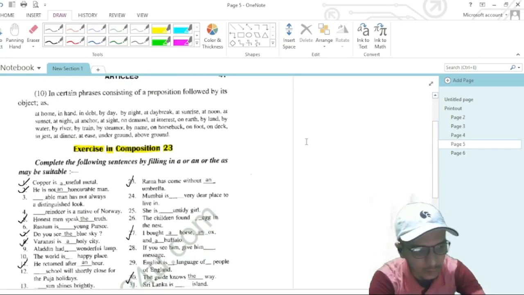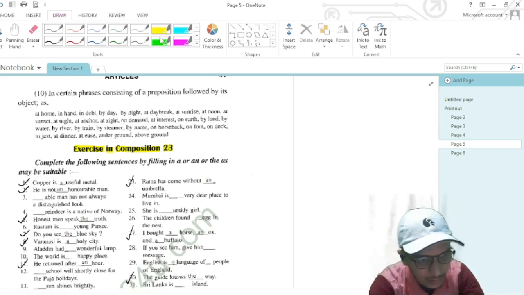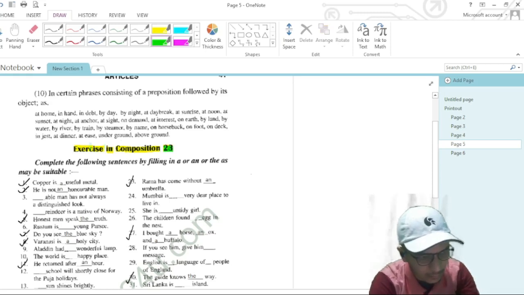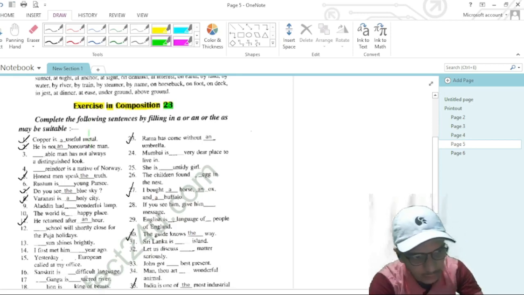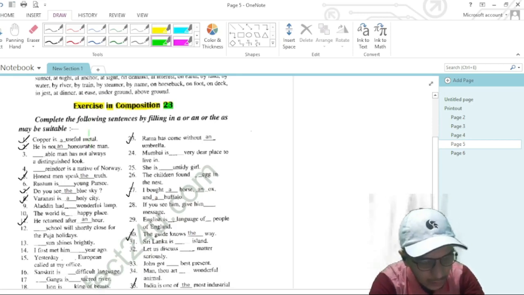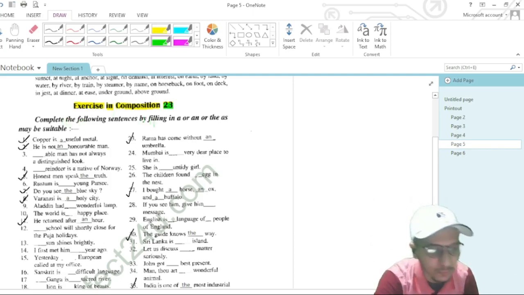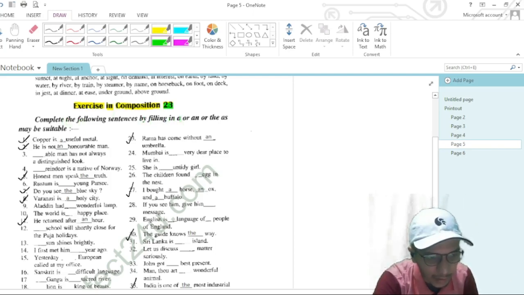Now we will do exercise number 23. The first question is to fill the blanks. Complete the following sentences by filling in a, an, or the as may be suitable.